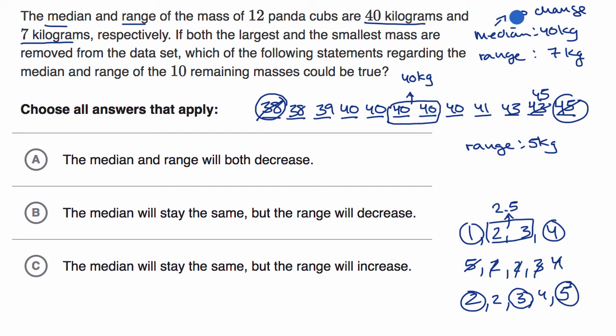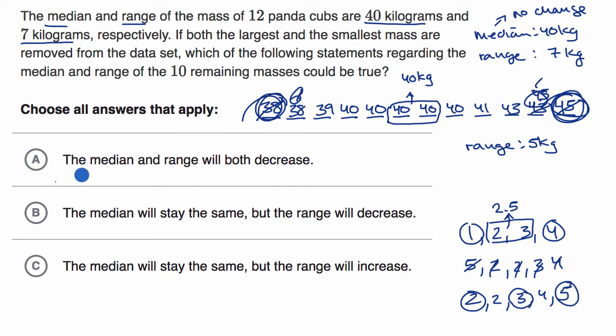It's not possible for the range to increase, because for the range to increase, the high and low numbers would have to be further apart, but that wouldn't be possible since the removed high is larger than the remaining numbers and the removed low is smaller. So the only thing that's possible is that the range could decrease or stay the same, and the median would stay the same.